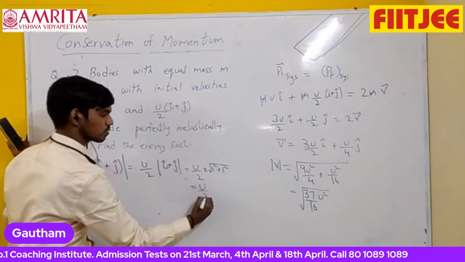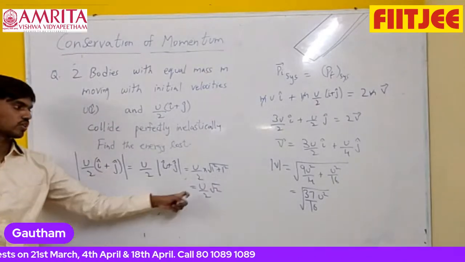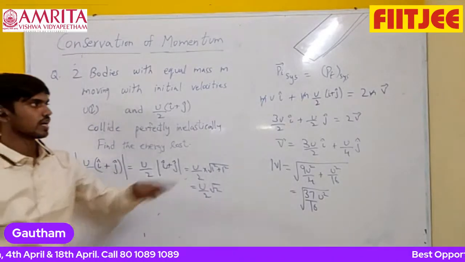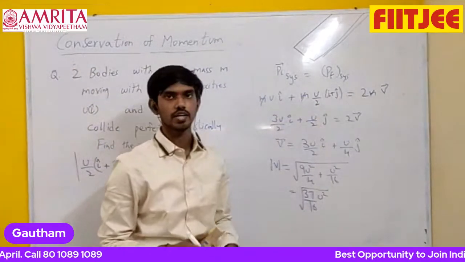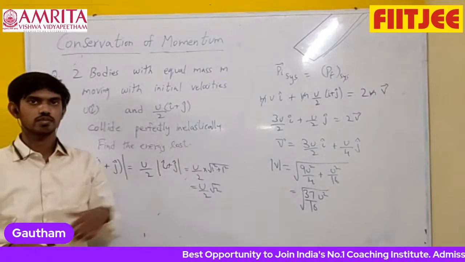So u by 2 into root 2. With this we can find the initial kinetic energy and the final kinetic energy. Energy lost is initial minus final.